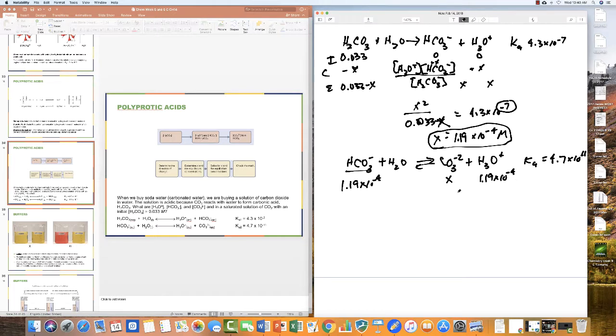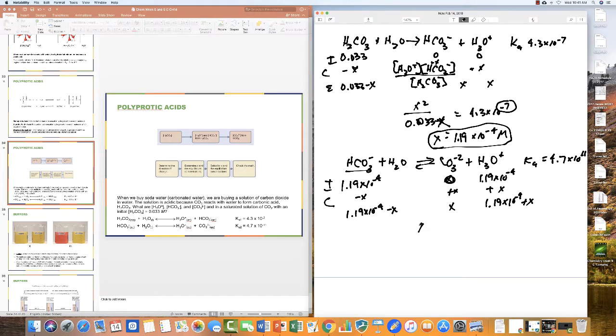That's the initial. Remember, that's the initial. This is 0. The change here is going to be plus x, minus x. And so you end up with 1.19 times 10 to the minus 4 minus x, and 1.19 times 10 to the minus 4 plus x.